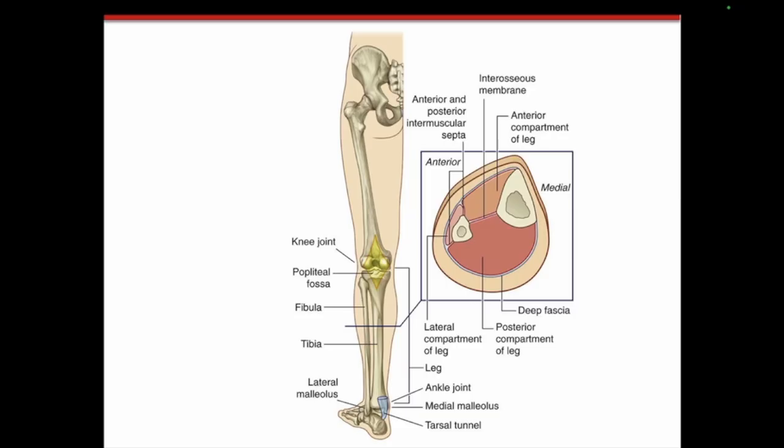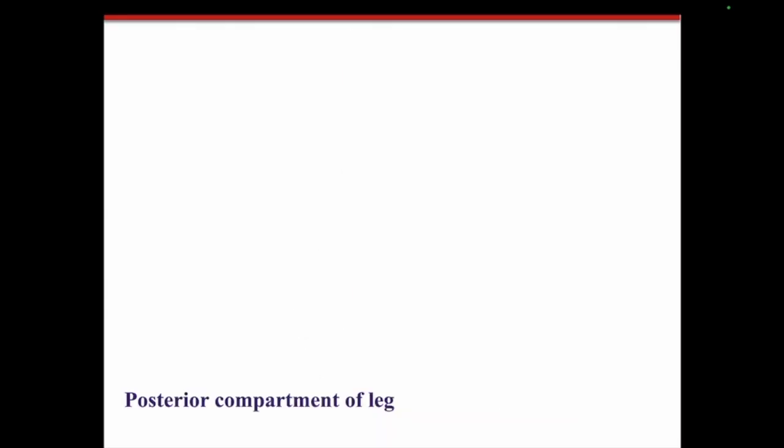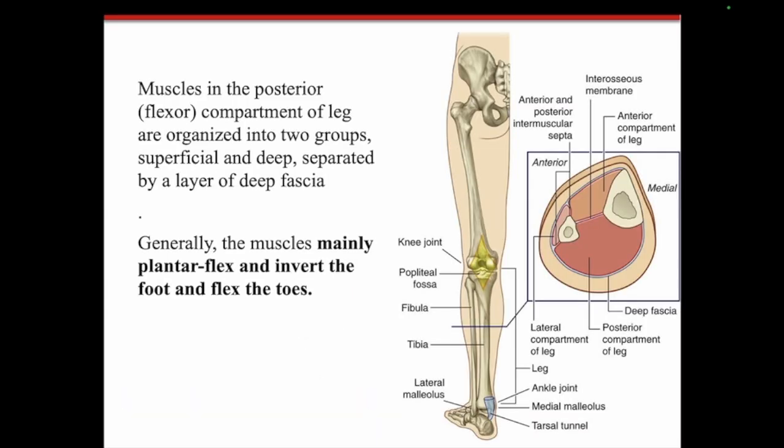We also have an anterior and posterior component. The posterior component of the leg has superficial and deep muscles, and in terms of function, they plantar flex and invert the foot and flex the toes. It's a bit tricky to know what flexing the toes, inverting the foot, and plantar flexing are, but you're talking about the posterior.